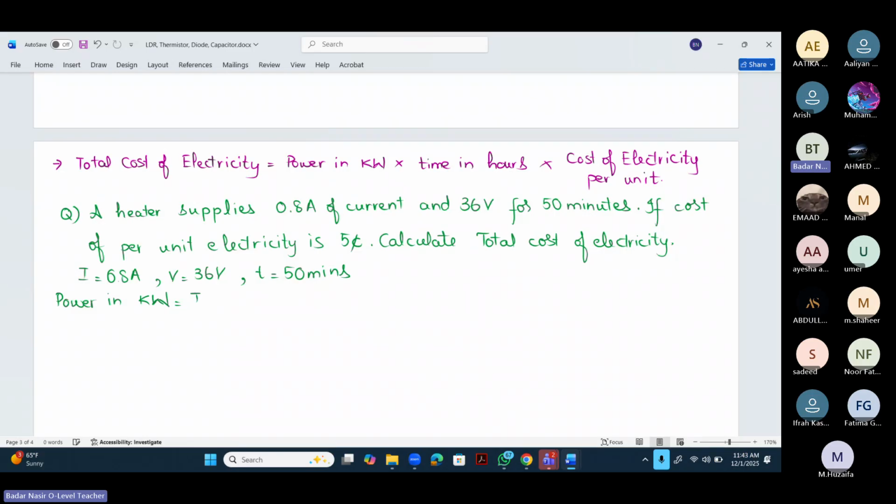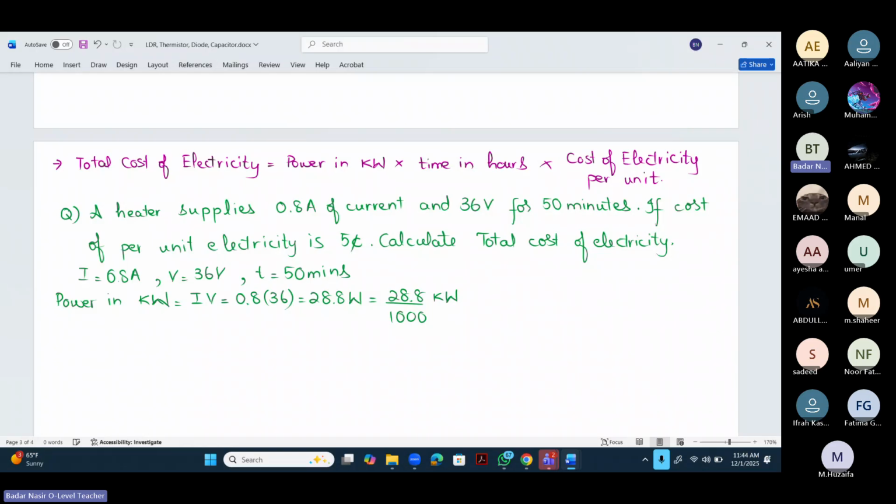Current is 0.8 and the voltage is 36. So 0.8 times 36, we get 28.8 watt. अच्छा, अगर आपने इसको वॉट से किलोवाट में चेंज करना है, so you have to divide it by 1000.